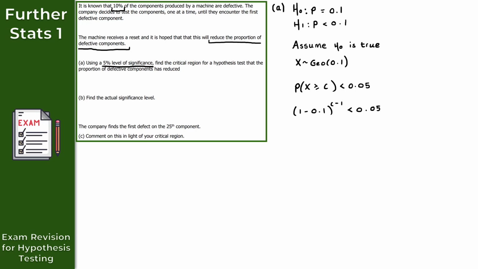Okay. What I'm going to do now is take logs here of both sides. And when I do that, I'm also going to use the power rule here to bring the c minus 1 down in front. Now clearly 1 minus 0.1 would give us 0.9. So what I get then is (c minus 1) times log of 0.9, and this is strictly less than log of 0.05.